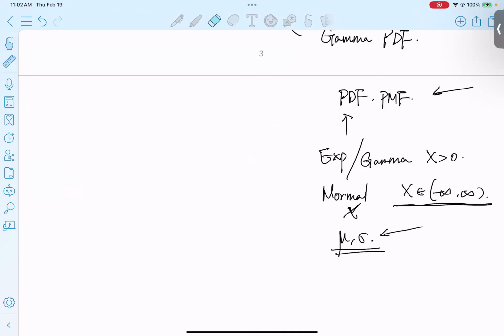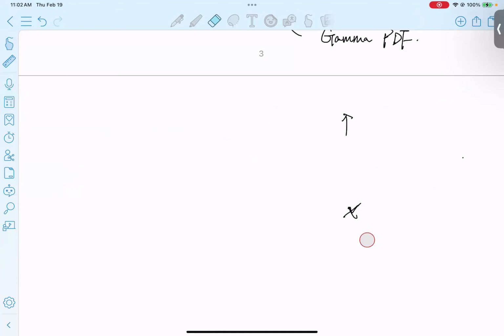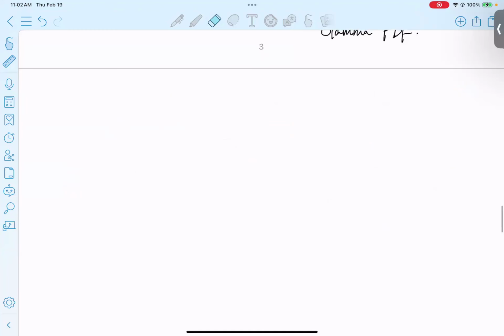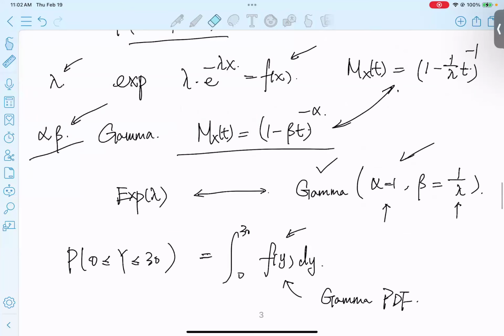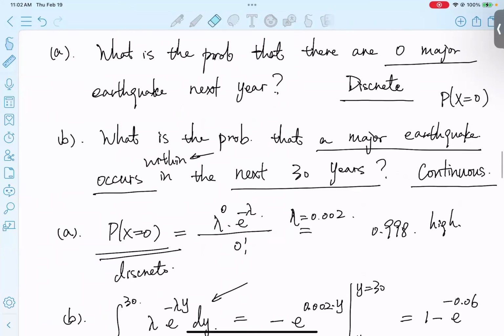So just to make sure I understand, we could use the Poisson here, right? We could use the gamma, we could use the exponential. Is there any preference in this case between Poisson and gamma? I'm just excluding exponential.